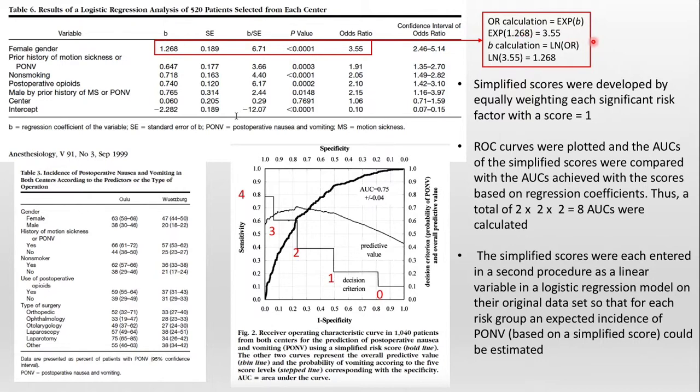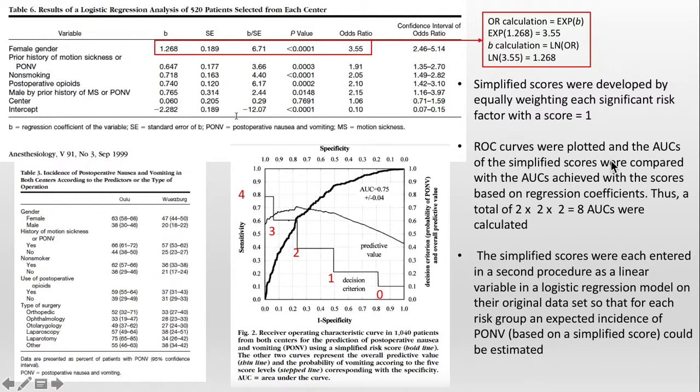Actually, I can't show you right now because it'll screw up our video, but you could type that function in Excel and it calculates that odds ratio for you. So if you read an article and it didn't give you the odds ratio, you could use the beta coefficients to calculate the odds ratio. To convert it back, you just do the logarithm of that odds ratio, and that gives you the 1.268.